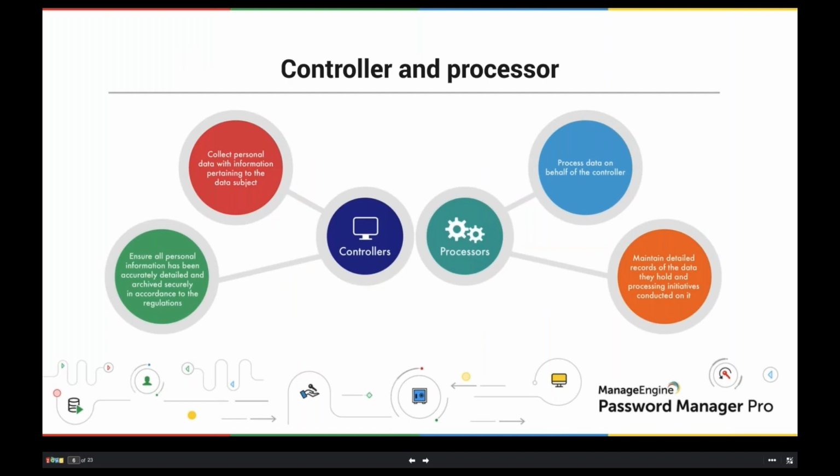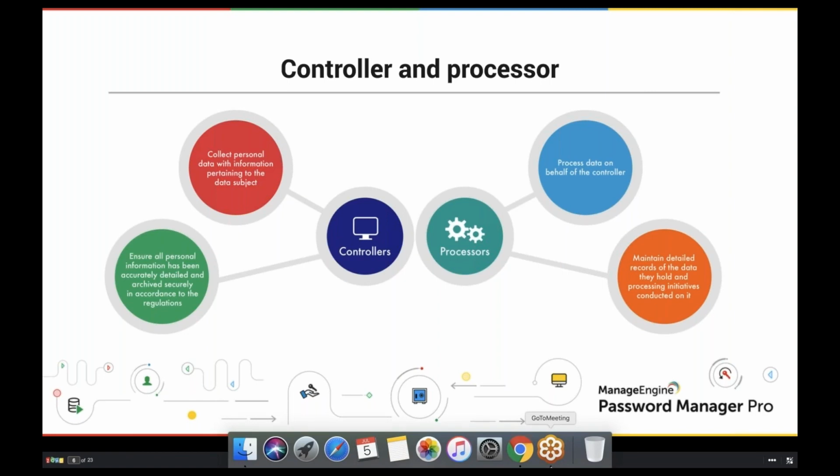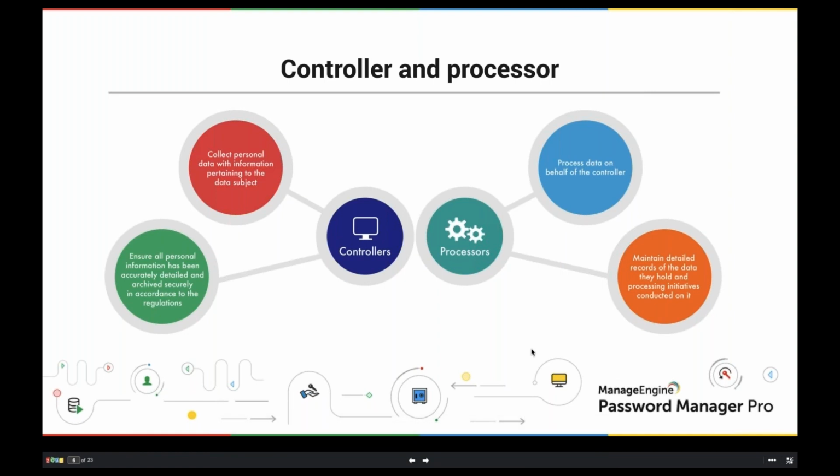All right. The other important thing you should know is the difference between the controller and the processor. A controller means the natural or legal person who determines the purpose and the means of processing personal data, where the purpose and means of such processing are determined by a member state law or a union.